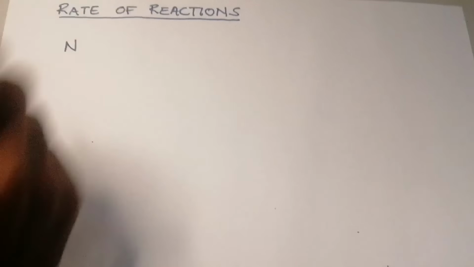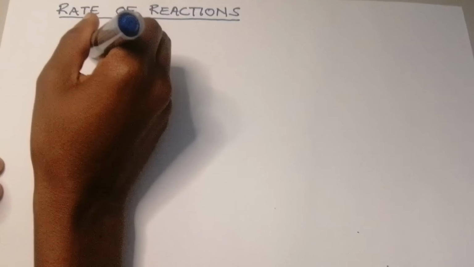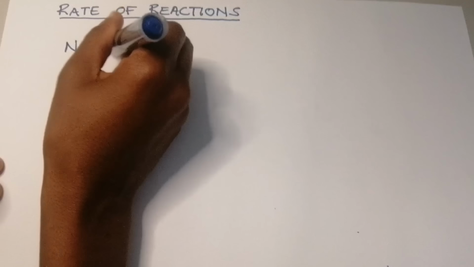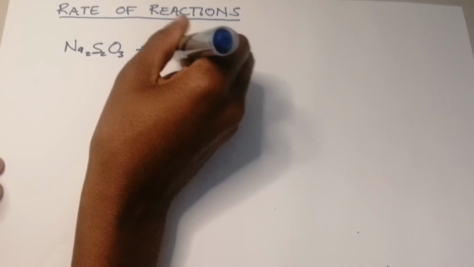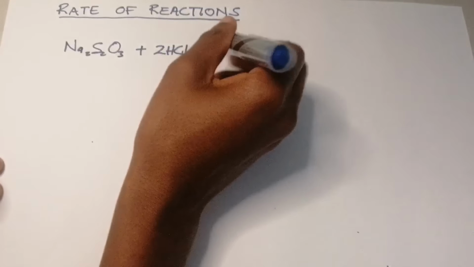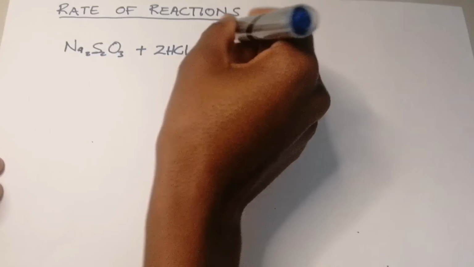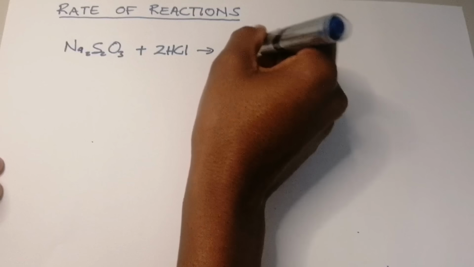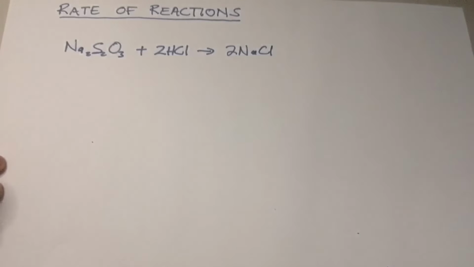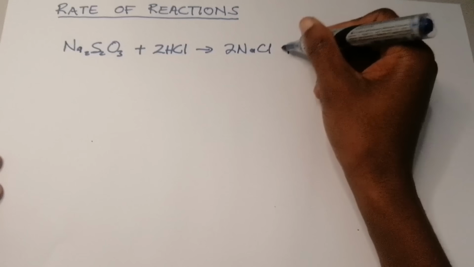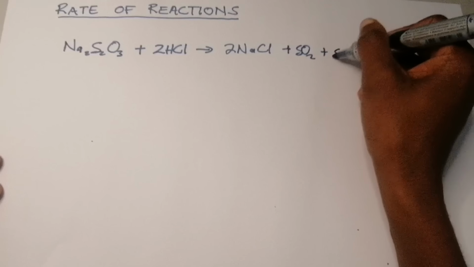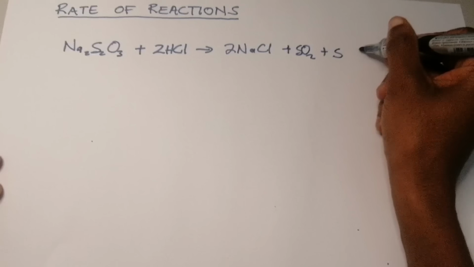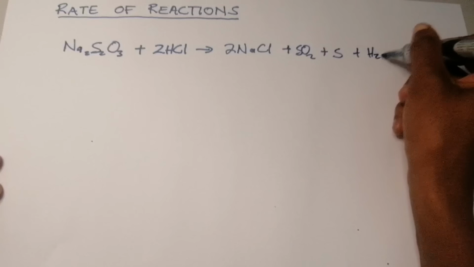We had sodium thiosulfate, so there it is, 2Na2S2O3, right, plus 2HCl, and what it does give us is 2 moles of sodium chloride, okay, plus SO2 plus sulfur, which is in a solid state, plus H2O.